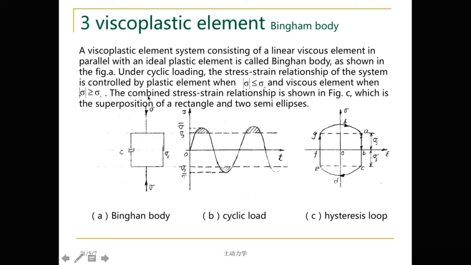The combined stress-strain relationship is shown in Figure C here, which is the superposition of a rectangle and two semi-ellipses. Here, this is a rectangle, and there are two half ellipses.